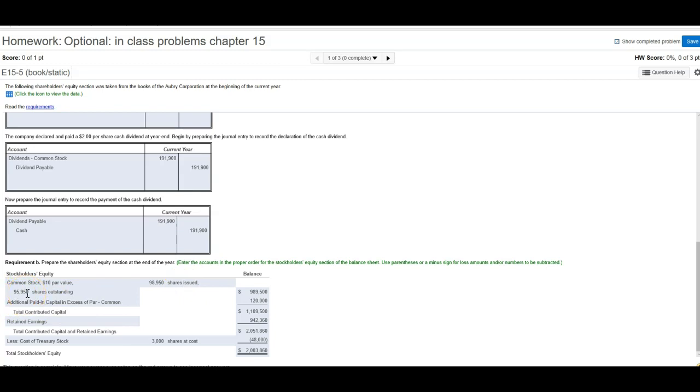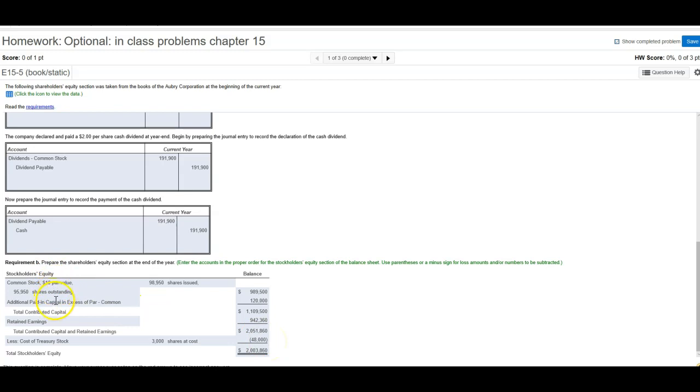So we still have some in Treasury, and the difference is down here under less cost of Treasury stock. We still have 3,000 shares of that Treasury stock that we haven't reissued. So 3,000 times $16, the original cost, shows here as our contra stockholders' equity account.